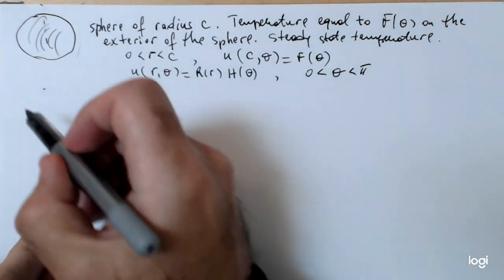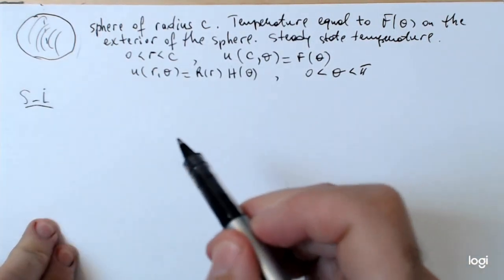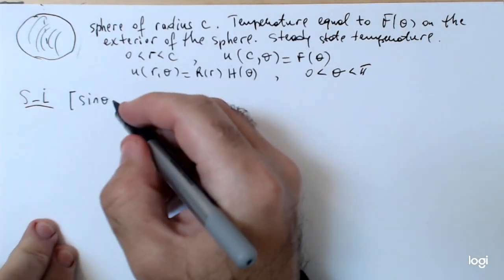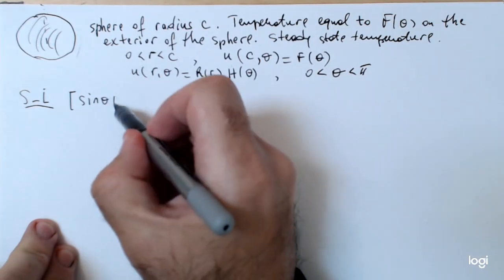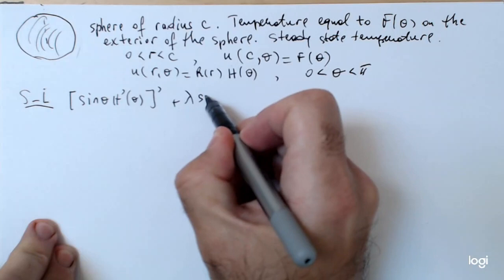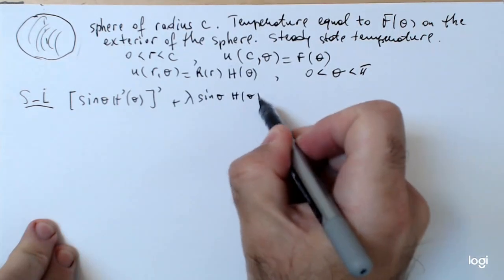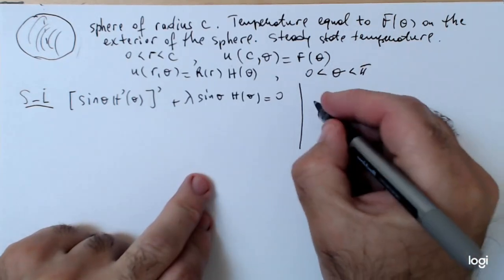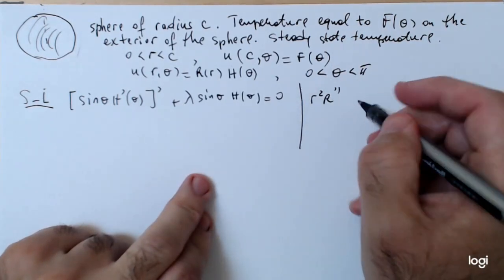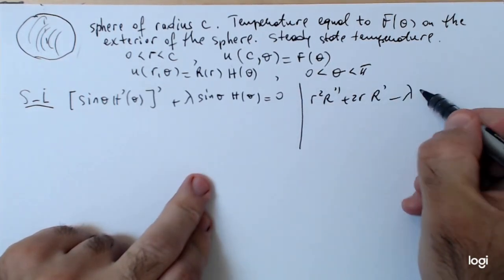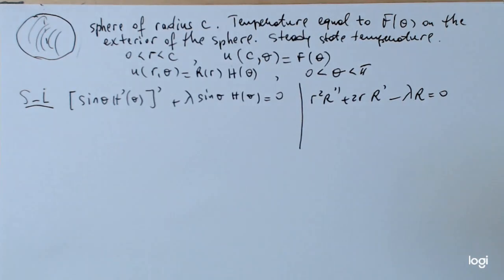And then the Sturm-Liouville problem will be the modified Legendre equation, (sine of theta h prime of theta) prime plus lambda sine of theta h of theta equals 0 without any extra conditions. And the equation in r is r squared R double prime plus 2r R prime minus lambda R equals 0, which is a Cauchy-Euler equation.